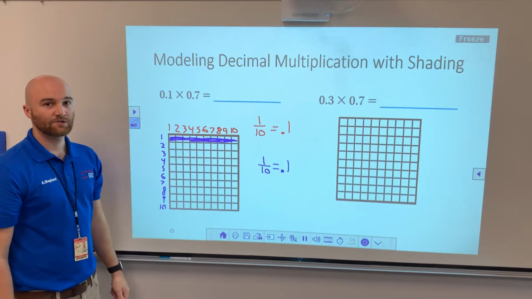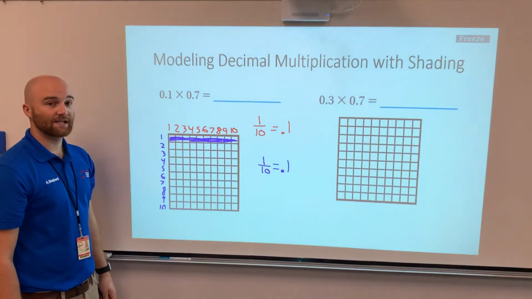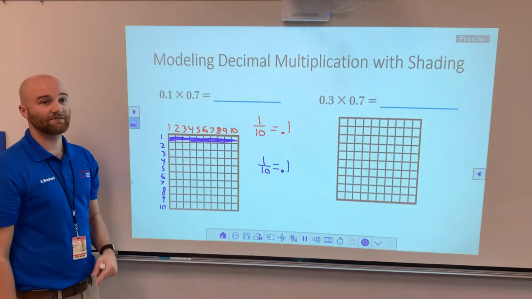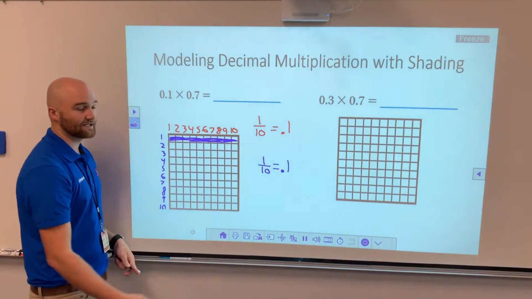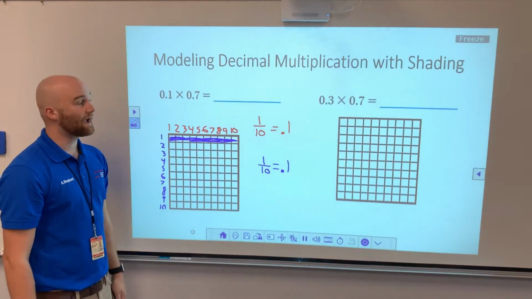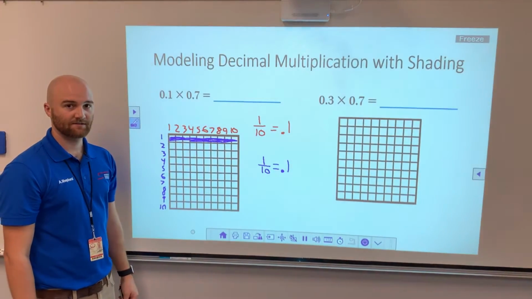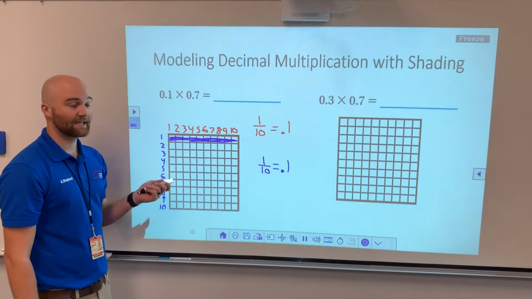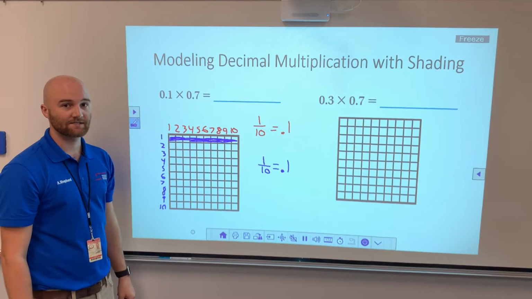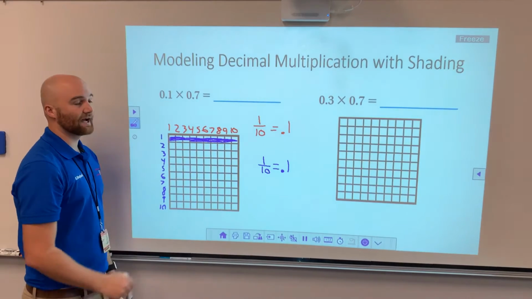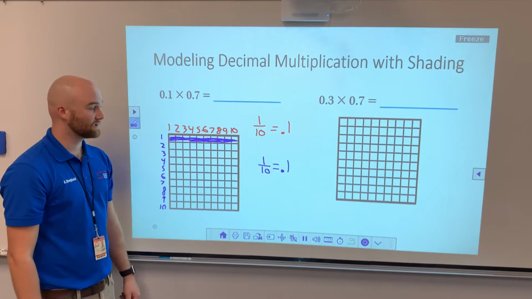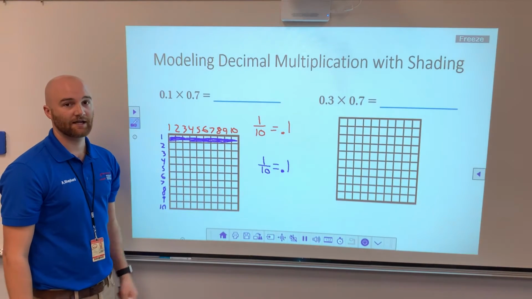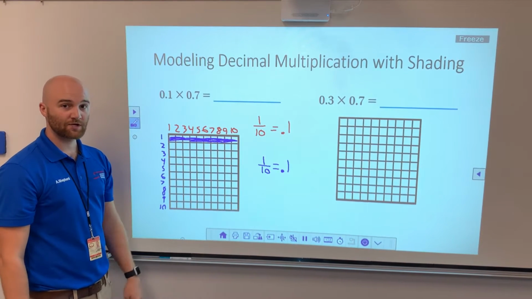So next, I'm going to say I want to shade these 7/10. But I can't just shade another 7/10 going side to side, because that would be adding 7/10. That would be saying I've got 1/10 and I've got 7/10. Instead, when I multiply, I have to make sure I go perpendicular, or I go across this shaded line. I have to choose the other direction.